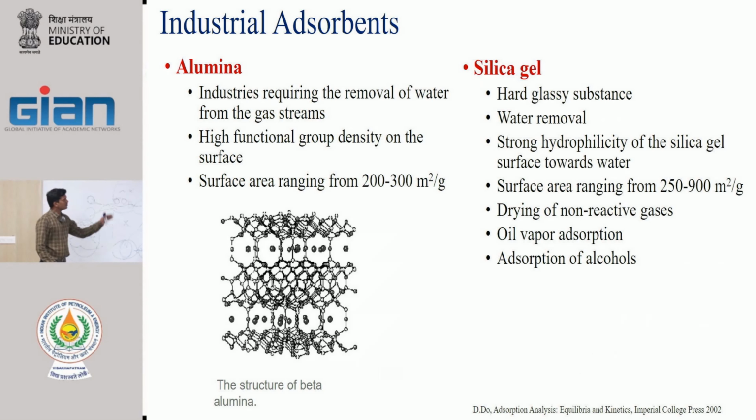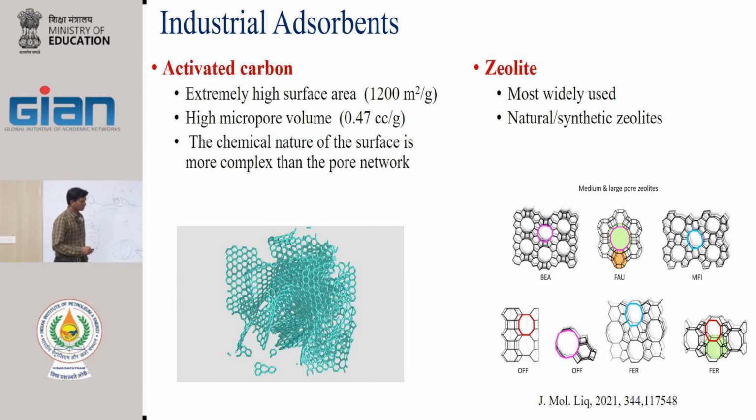And then the third one, which we fully explored, is activated carbons. Activated carbons will have different structures, depending on the nature of synthesis, how you synthesize the material and so on. They have extremely high surface area and high micropore volume, and are used to separate gases, even bigger gas molecules like xylene.